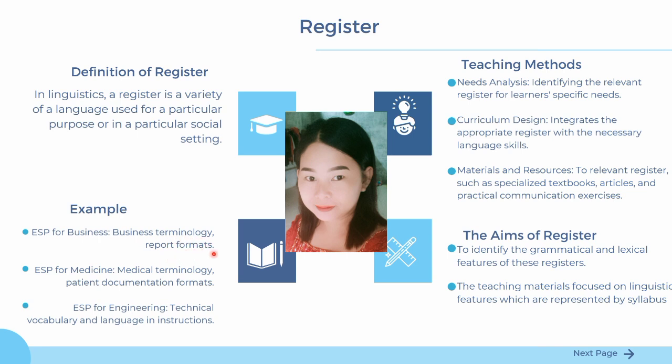The second example is medicine: medical terminology, patient documentation formats. And the last example is engineering: technical vocabulary, language in instruction. Then, some teaching methods of register, like needs analysis, that is identifying the relevant register for learners' specific needs.